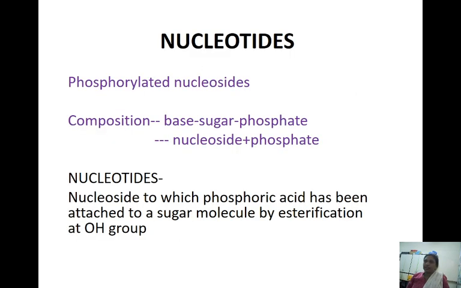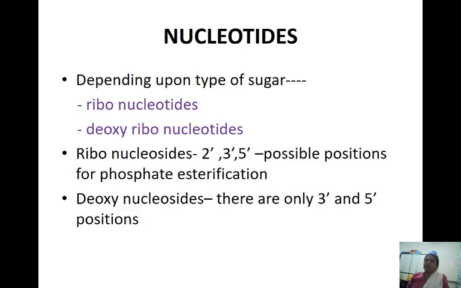Now like that nucleotides are formed. Depending upon the type of the sugar present, nucleotides are of two types, ribonucleotides and deoxyribonucleotides. If the sugar is ribose, it is a ribonucleotide. If the sugar is deoxyribose, it forms a deoxyribonucleotide.